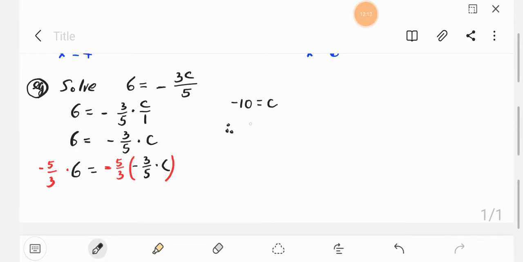So finally, c is equal to negative 10. So you can interchange the sides. So c is equal to negative 10. This is how we got the solution. So here, this is negative 5 over 3 times 6, and negative 5 over 3 times negative 3 over 5.